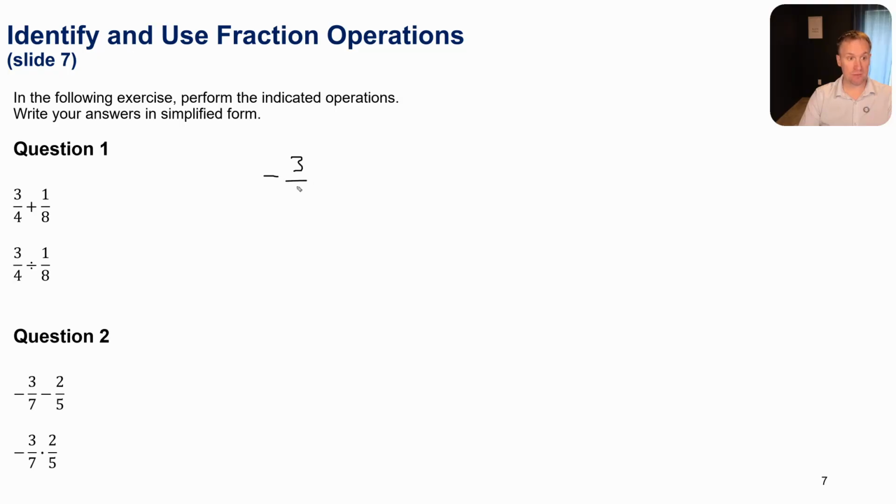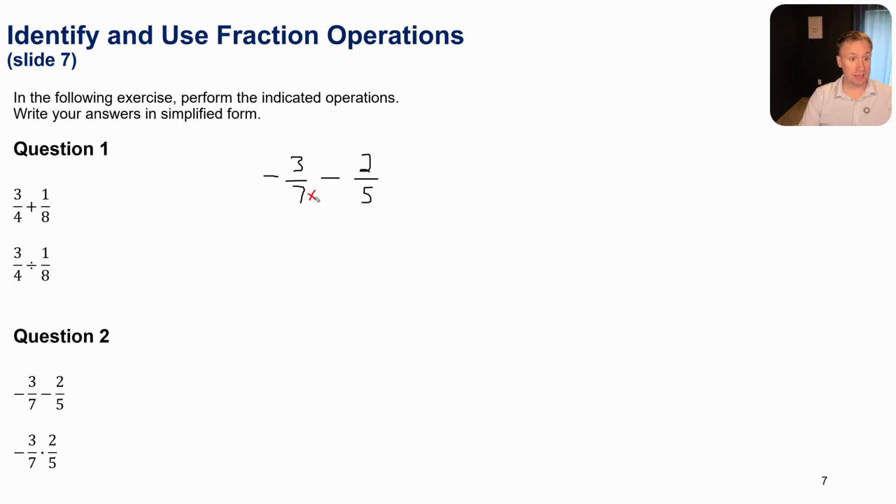So we have negative 3/7 minus a positive 2/5. Again, our first step is to find a common denominator. In this case, a common denominator for 5 and 7 is 35. A key thing to note, these are both prime numbers, so I don't really need to do the prime factorization. If they're both prime numbers, you have to multiply them by each other, essentially. So 35 is going to be our least common denominator.